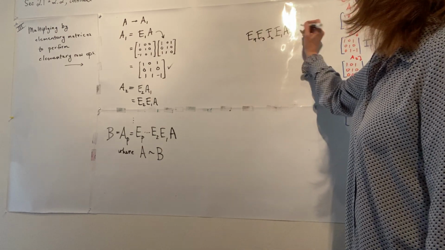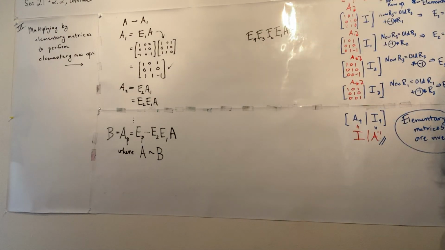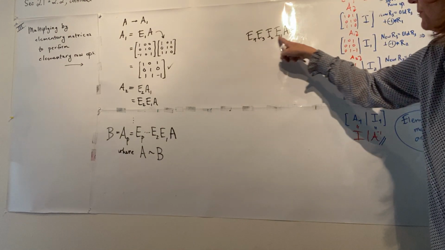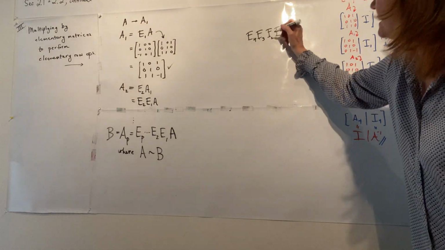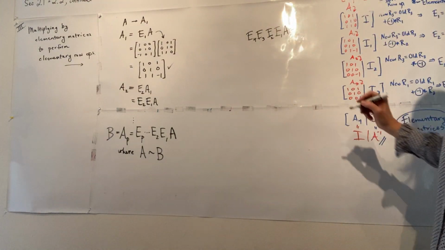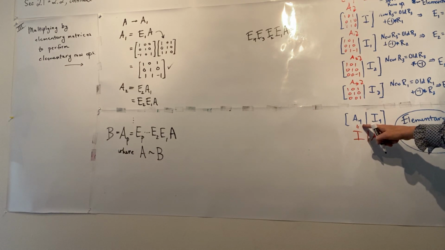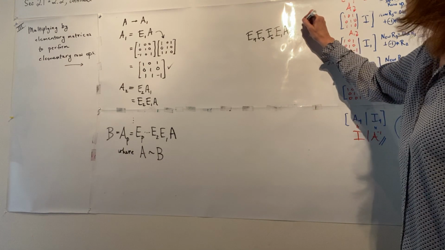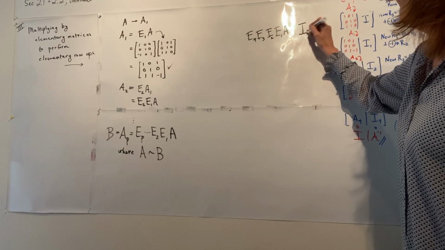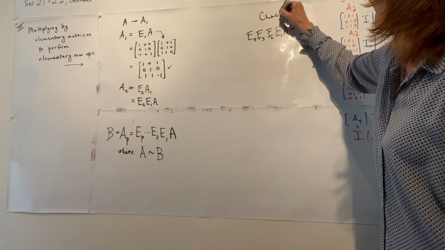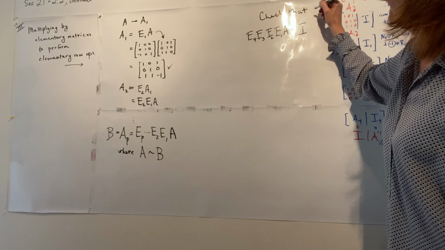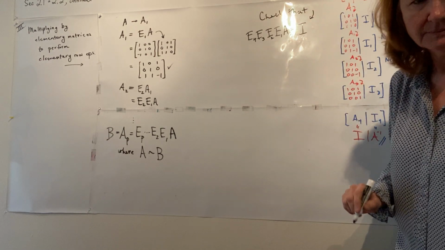The assertion is, you can check, taking these matrices multiplied in that order, that's an E, not an F, that you should get that last matrix, which was the identity. Check that this is so.